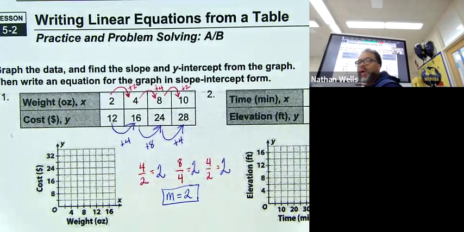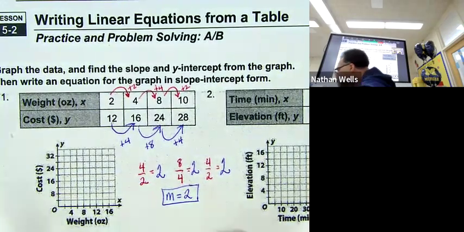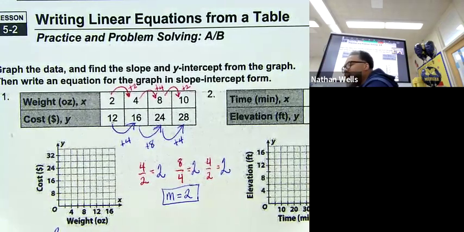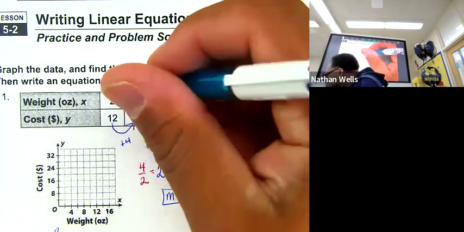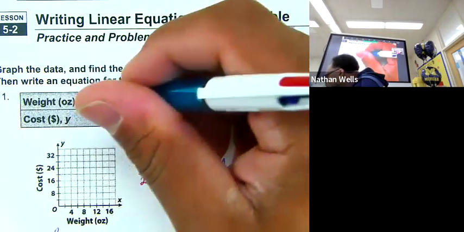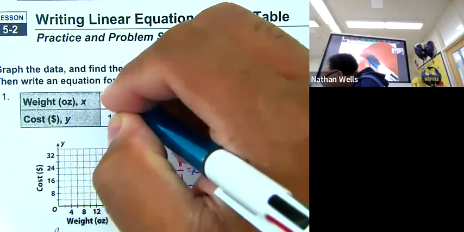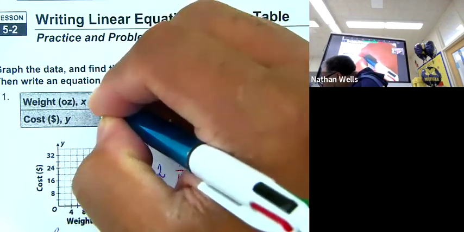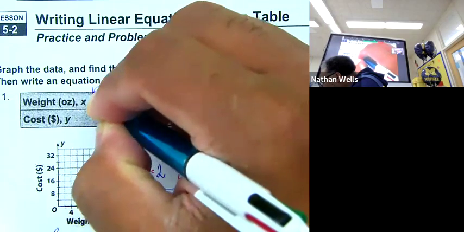Now I have to find my y-intercept because remember, your y-intercept is the value of y when x is equal to 0. In order to find out when x is 0, if I'm adding 2 here, I can subtract 2 and I get 0.